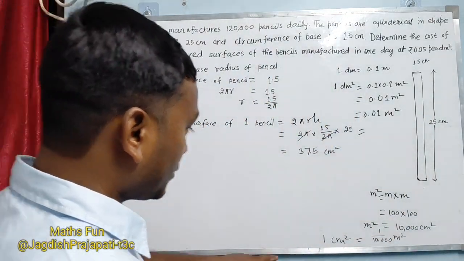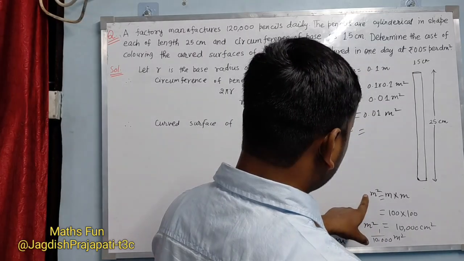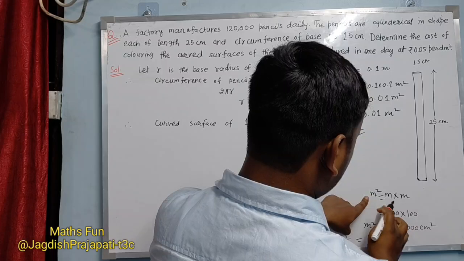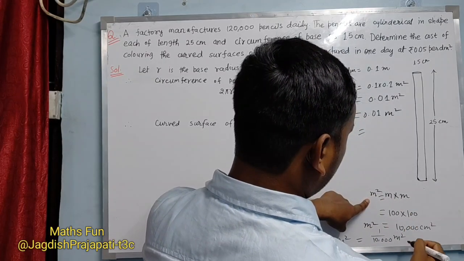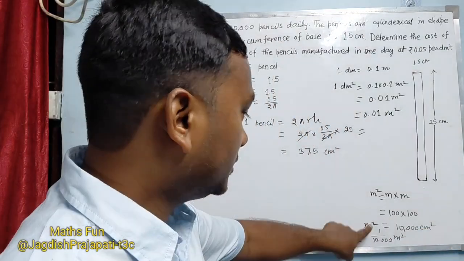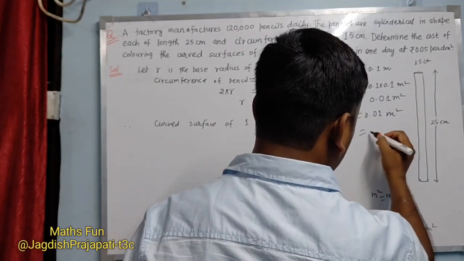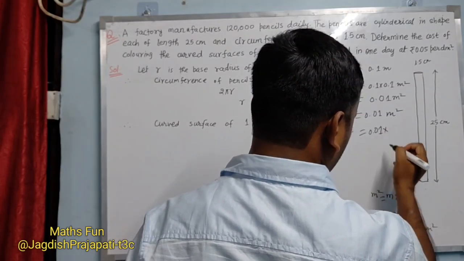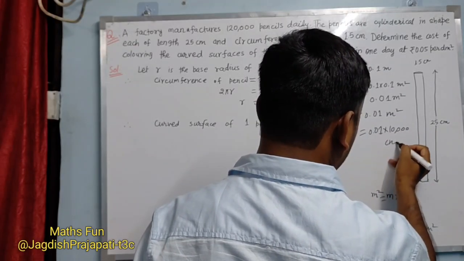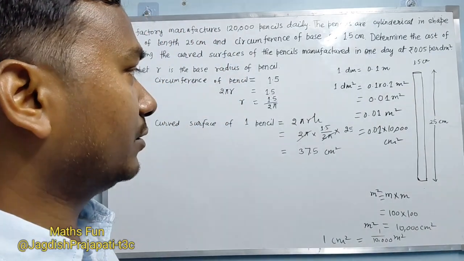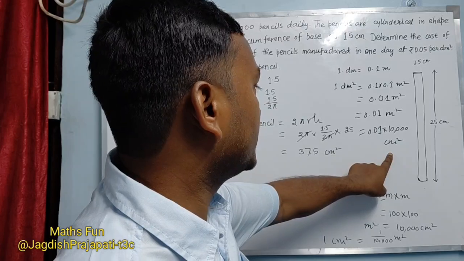Since 1 square meter is 100 centimeter into 100 centimeter, that is 10,000, this will be 0.01 into 10,000, which is in square centimeter.